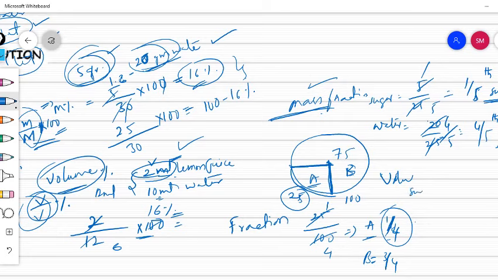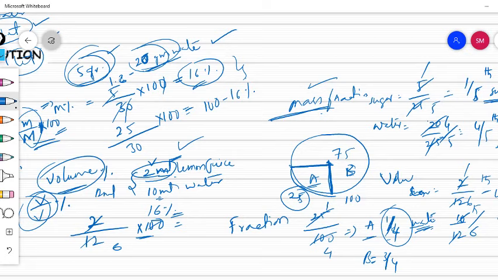So the volume fraction of lemon juice is 2/12, so a 1/6 fraction of the total volume is occupied by the lemon juice. And 10/12 is the volume fraction of the water, so a 5/6 fraction is the volume of the water.